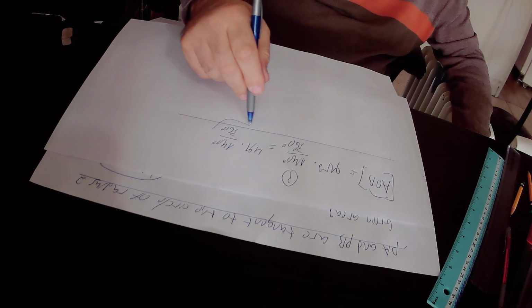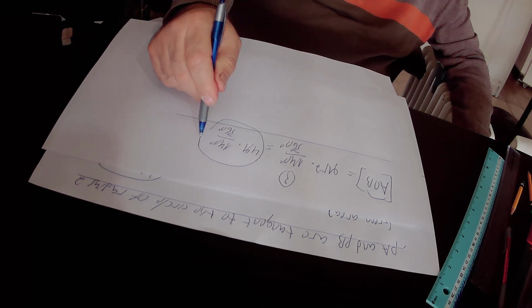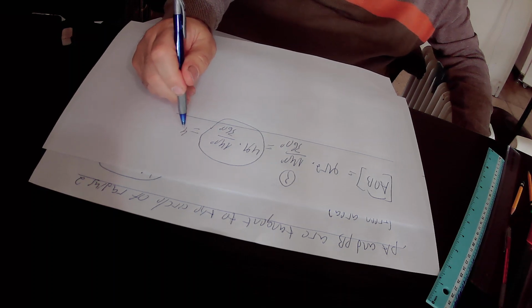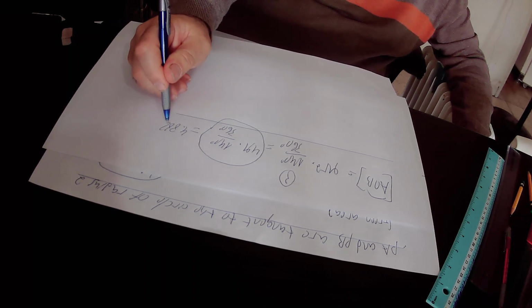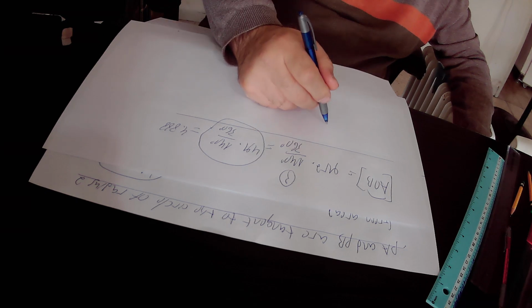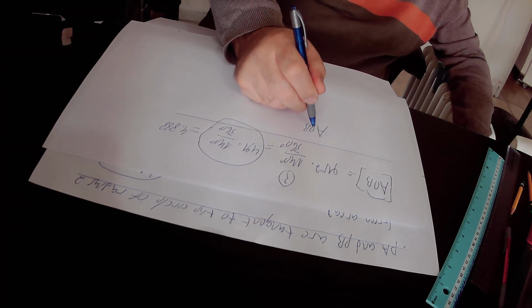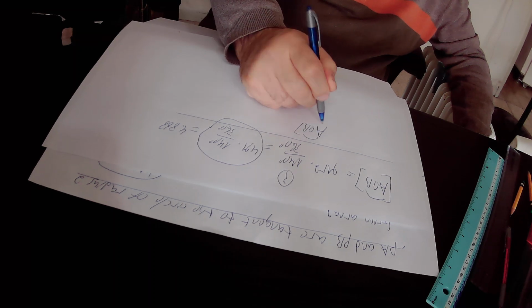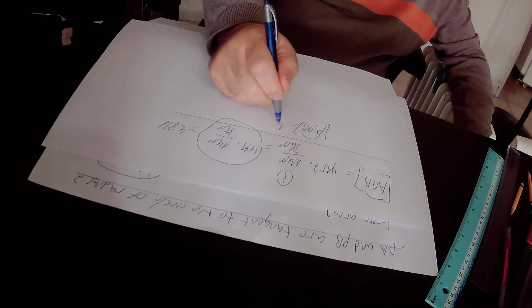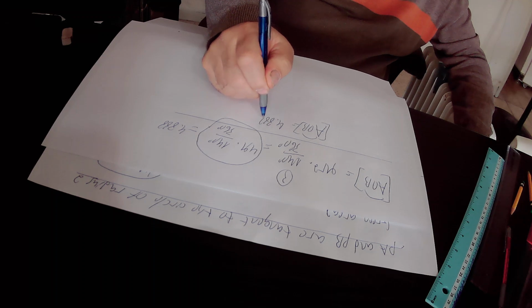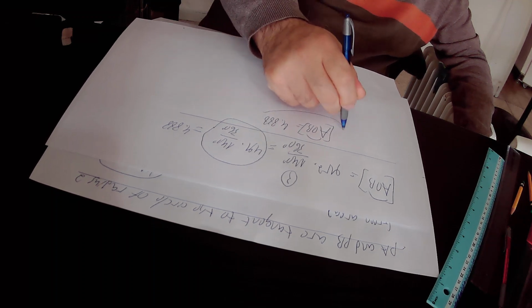So this expression in total equals 4.888 square units. In conclusion, we found out that the area of sector AOB is equal to 4.888 square units.